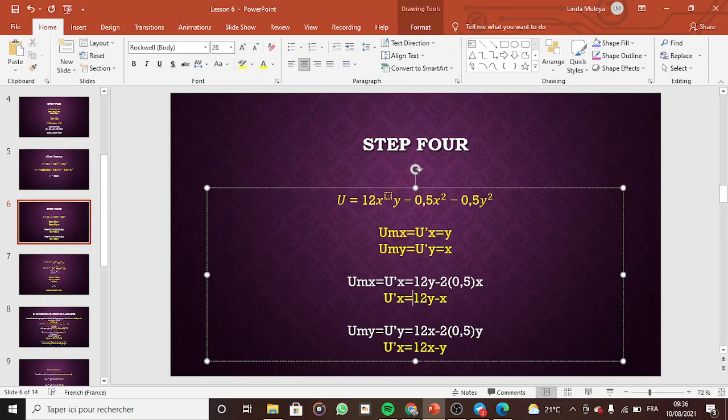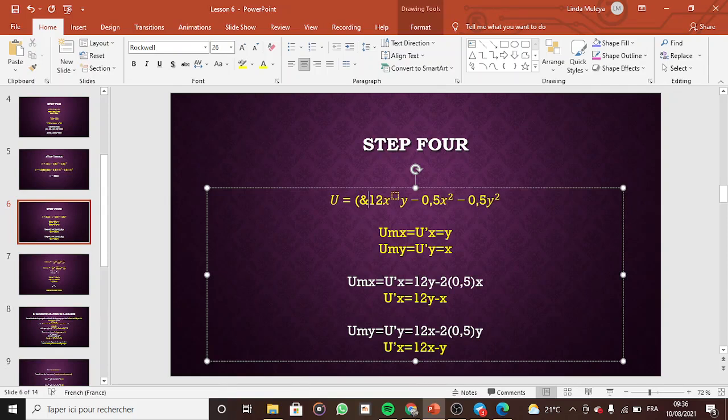So differentiation is like you multiply the base, then you reduce the power by 1. So that's the first step. You multiply the power times the base, then reduce the power by 1.